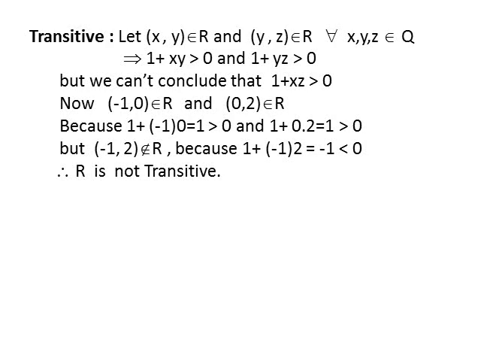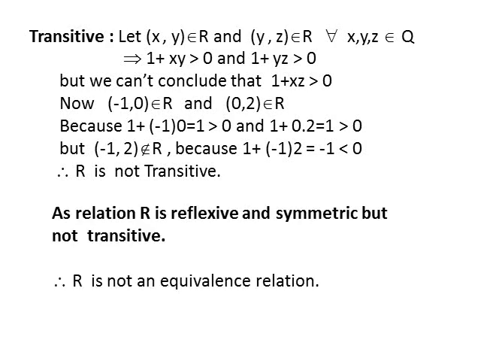But the ordered pair (-1, 2) doesn't belong to relation R because 1 plus (-1) times 2 equals -1, which is less than 0. Therefore, R is not transitive. As relation R is reflexive and symmetric but not transitive, therefore R is not an equivalence relation.